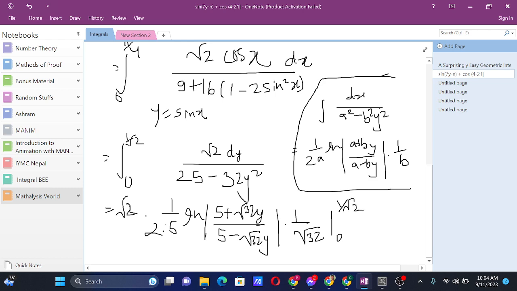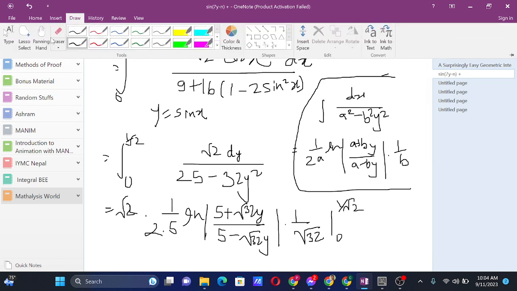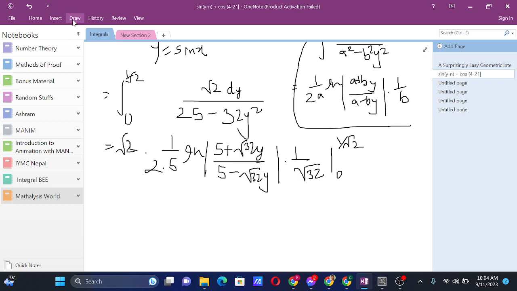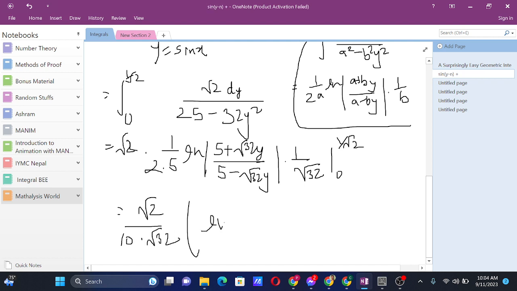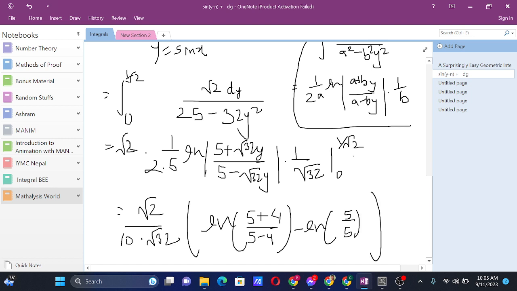If you just evaluate it, it's not that tough. We have root 2 by 10 times root 32, and ln of (5 plus 4) by (5 minus 4), since root 16 is 4, minus ln of 5 by 5, since we put 0.